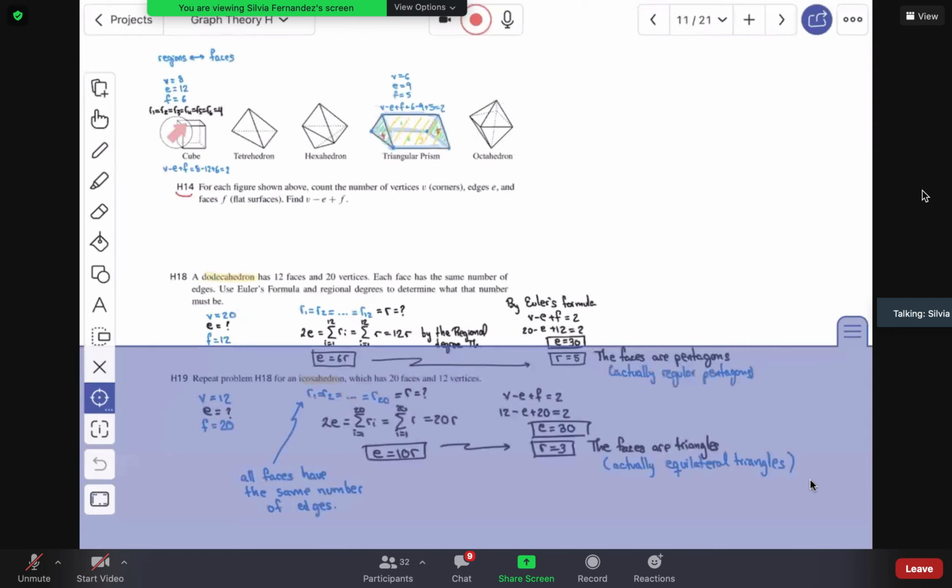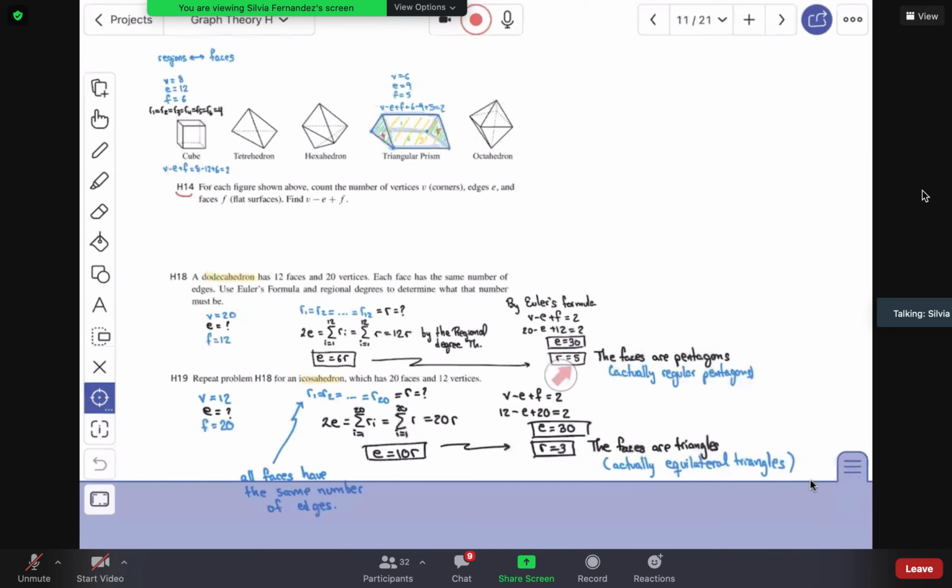Like here we have squares, right? That tells you what kind of face you have. And if they're telling you what kind of face you have, they're telling you how big it is, right? They're telling you the regional degree. So in the cube, all the faces are squares. It means that the regional degrees are all 4. When I conclude that all the regional degrees are 5, what I'm saying is that all the faces are pentagons. Not necessarily regular pentagons, but pentagons.